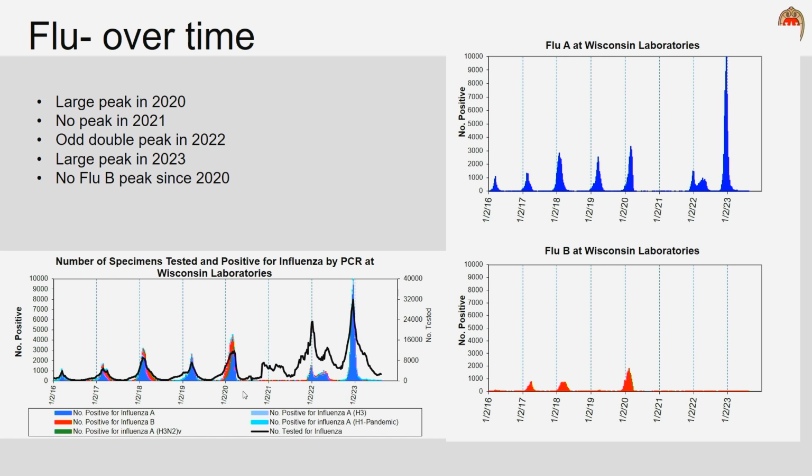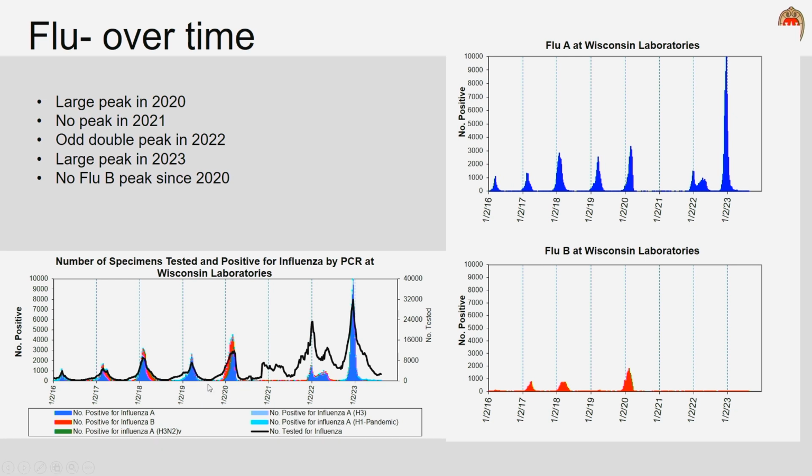And then something happened around March that really made things tough for us in 2020, and we put in a lot of practices with hand washing, isolation, quarantine, mask usage, and flu dropped off. It just disappeared, and it stayed gone for a year.